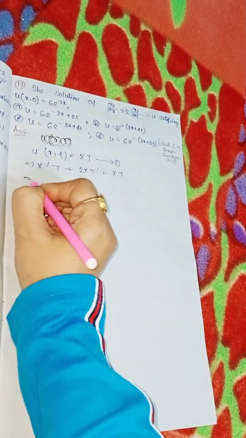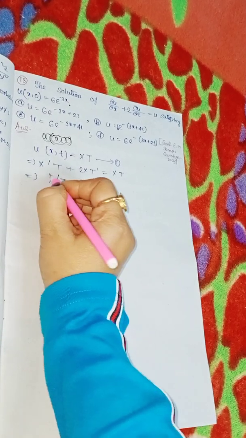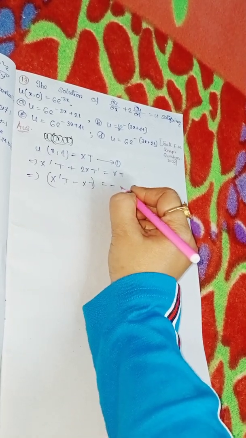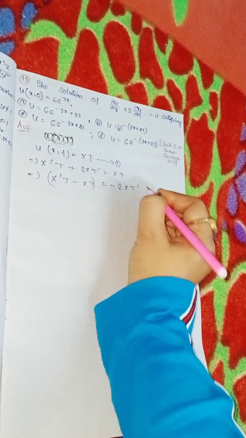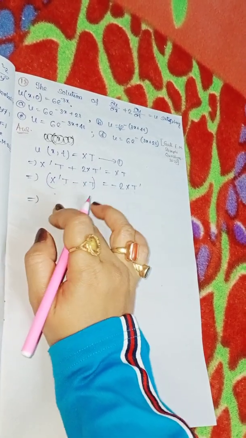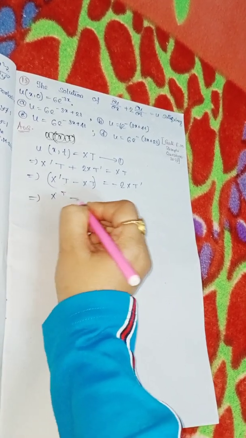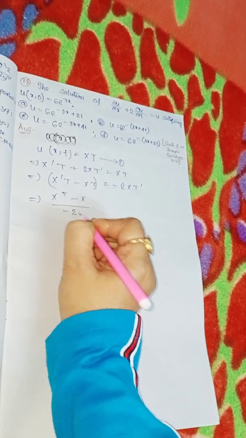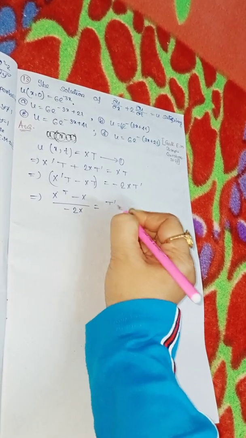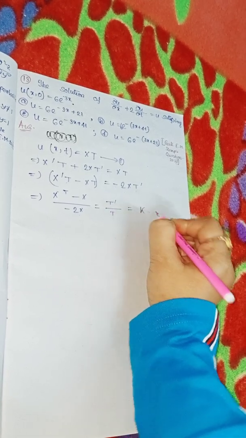Now here it implies X'T − XT is equal to minus 2XT', just a side change. Now dividing, cross multiplication type, so that is (X' − X)/2X equal to T'/T, which is equal to, let's suppose, k.